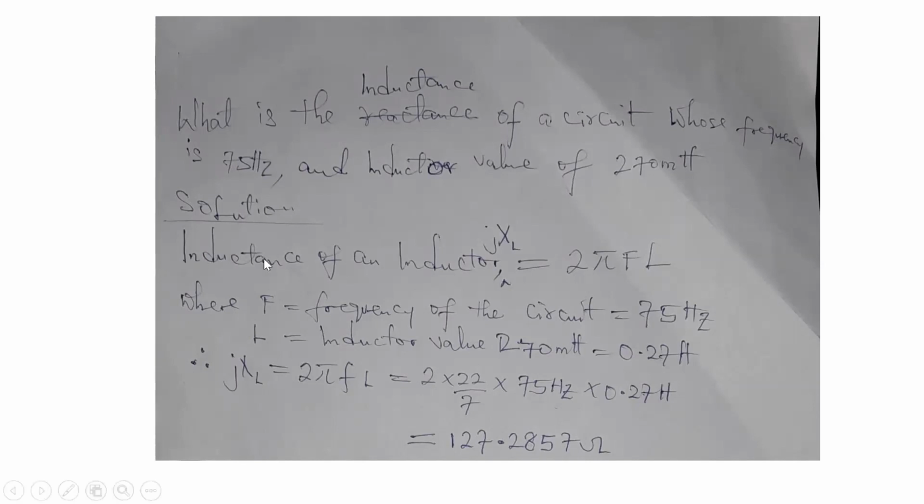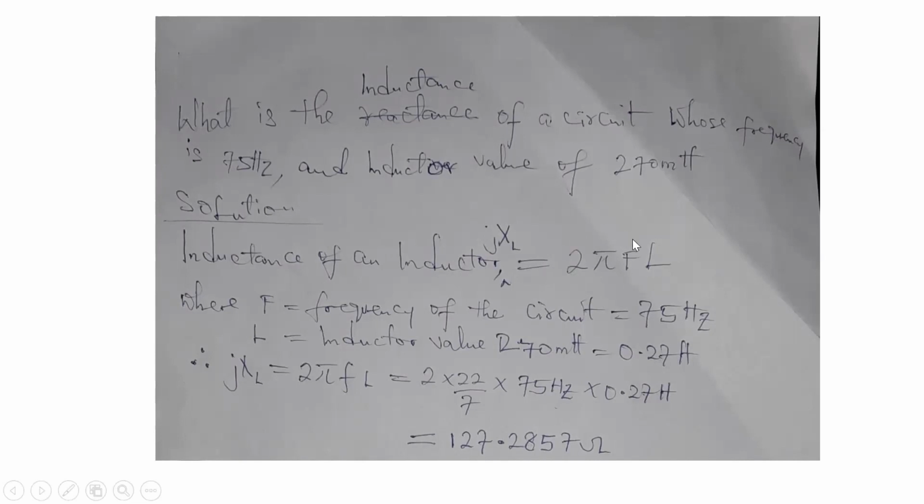So, looking at the questions and resolving them, we have to state the formula for inductance, which is jX subscript L, and is equal to 2πfL. This is what we did in the last class. And in that last class, you will see where they wrote ωL. The ω is 2πf. We did this 2πf in class.